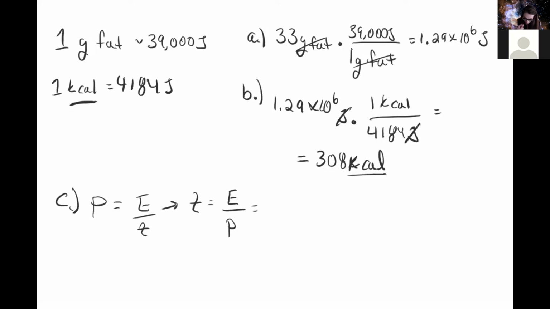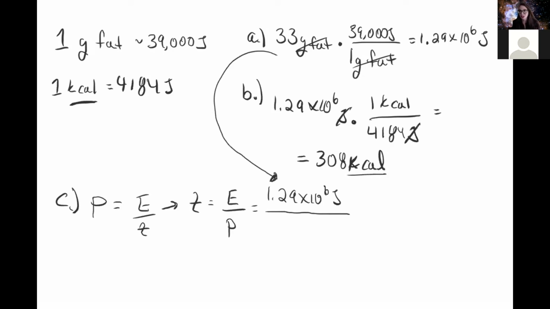The energy from the fat that we've consumed, we have to expend in order to get it out of our bodies, okay? That energy is going to be the 1.29 times 10 to the 6 joules that we found up here, the energy stored in our 33 grams of fat. And then we have to divide it by some power consumption of our bodies.